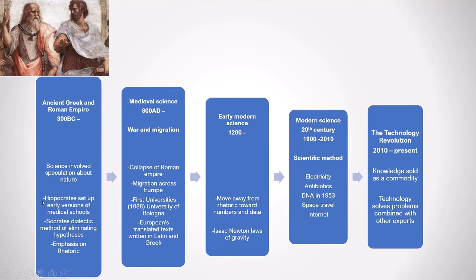Hippocrates was an early philosopher who did a lot of work in early medicine. And there was an emphasis at this time on rhetoric. Now, rhetoric is the ability of someone to speak in a persuasive manner.